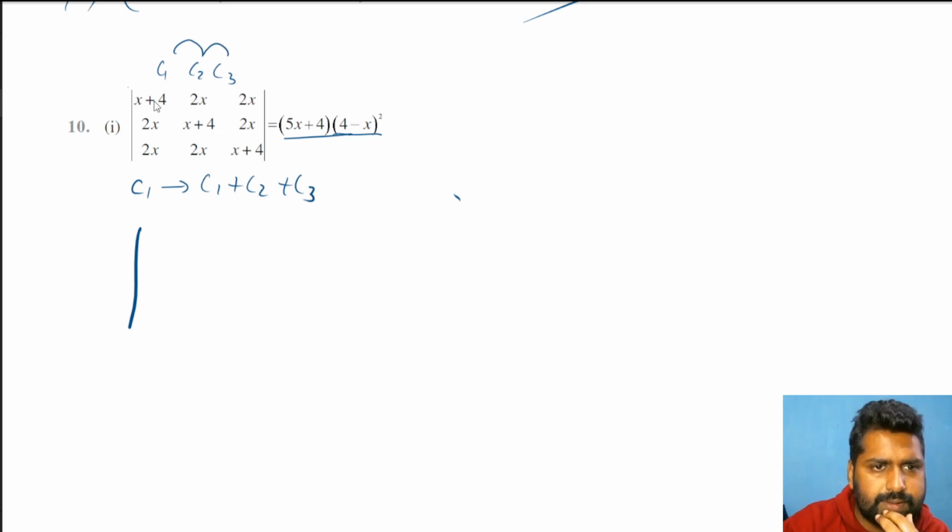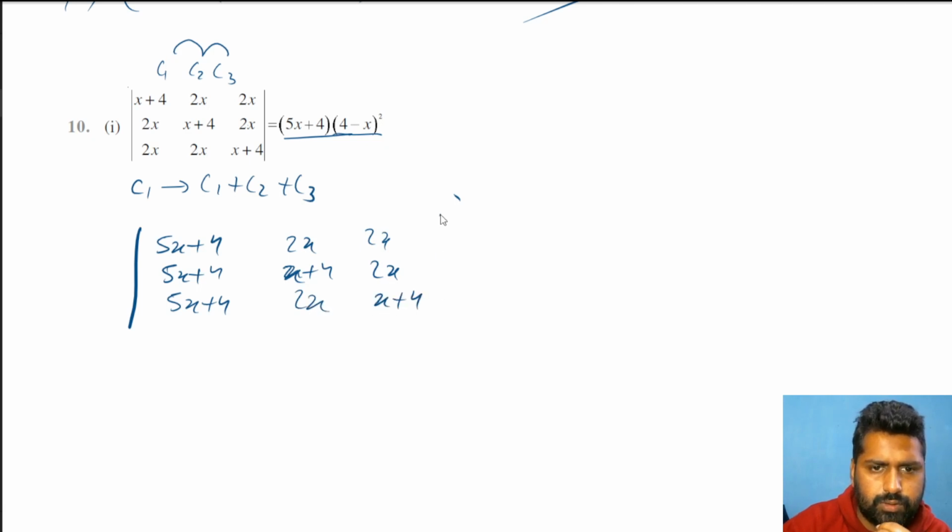So 2x plus 2x plus x plus 4, that becomes 5x plus 4. For this also, 2x plus 2x plus x plus 4, 5x plus 4. So here also it is coming 5x plus 4. Rest is 2x, 2x, x plus 4, 2x, and 2x and x plus 4.